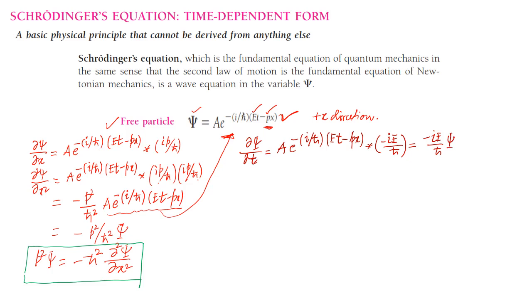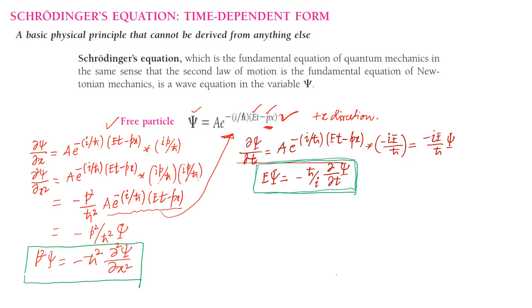So I can write E psi is equal to minus h cross by i times del over del t of psi. This is another equation we get when we differentiate with respect to time.